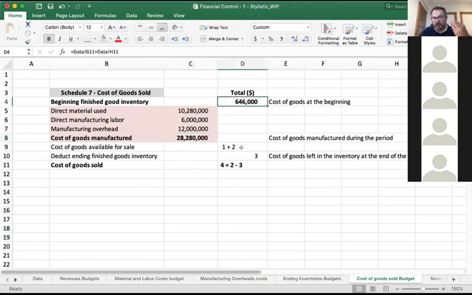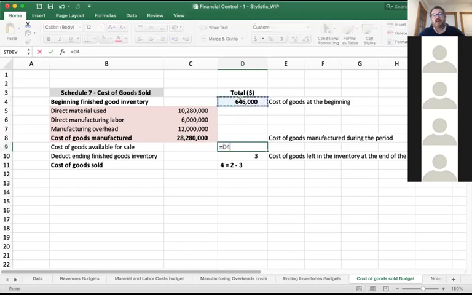646, that's the value of the beginning inventory of finished goods that we have available from the last period. So these are costs incurred during the last period, but we didn't use them because the goods are still here. So the cost of goods available for sale is the addition of the cost of the goods we had in the beginning inventory, which we didn't sell yet, plus all the cost of the goods we additionally manufactured during the period.